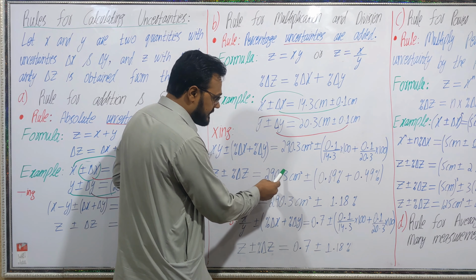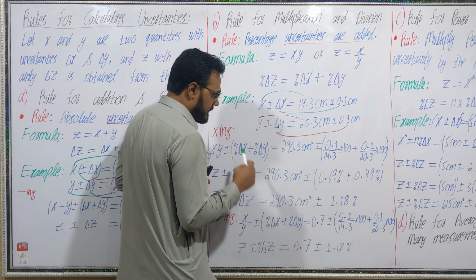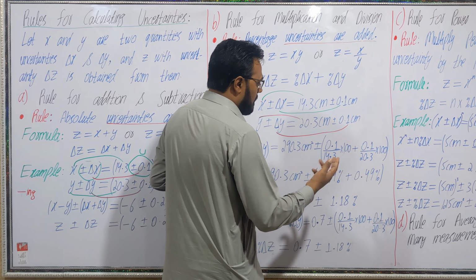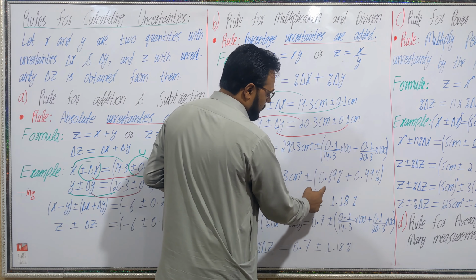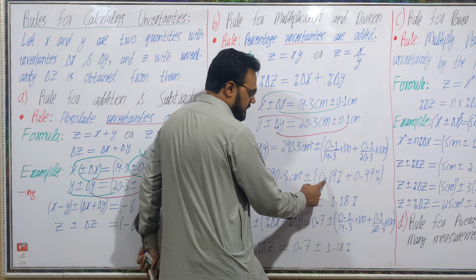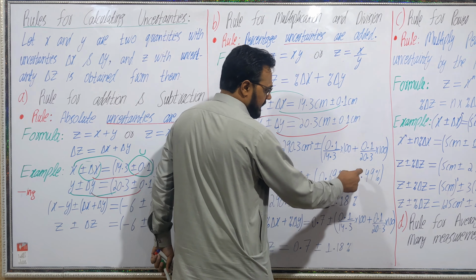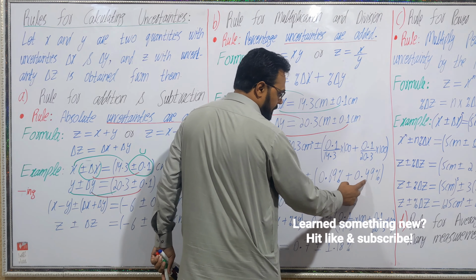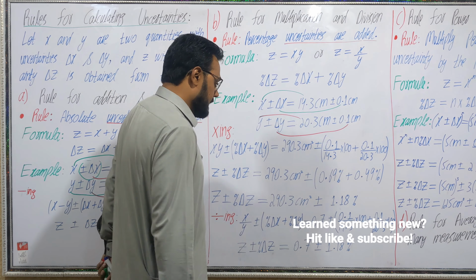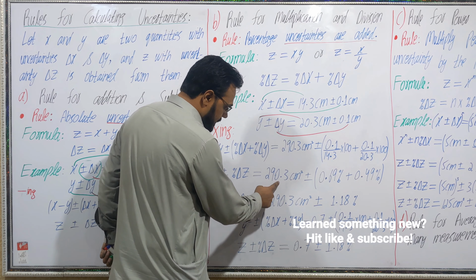The plus minus will come as it is. After division and multiplication using a calculator, you will get 0.69%, and 0.49%.